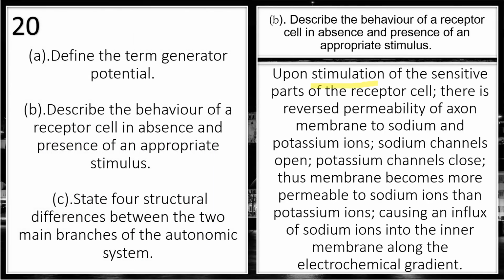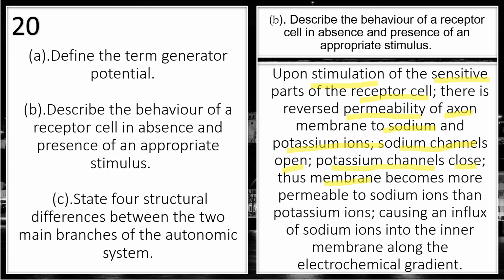Upon stimulation, the sensitive parts of the receptor cell have a reversed permeability of the axon membrane to sodium and potassium ions. The sodium channels open and the potassium channels close.